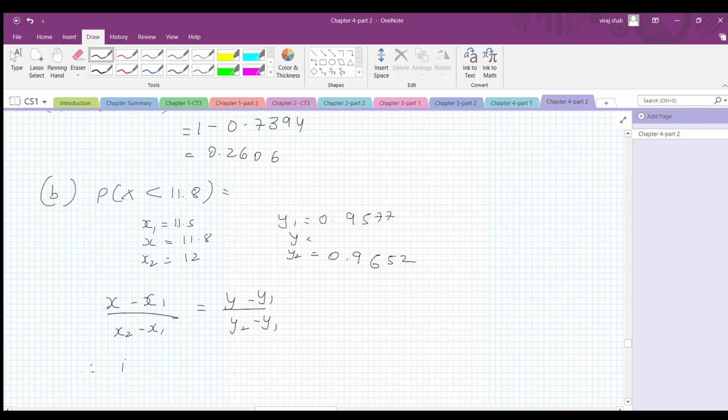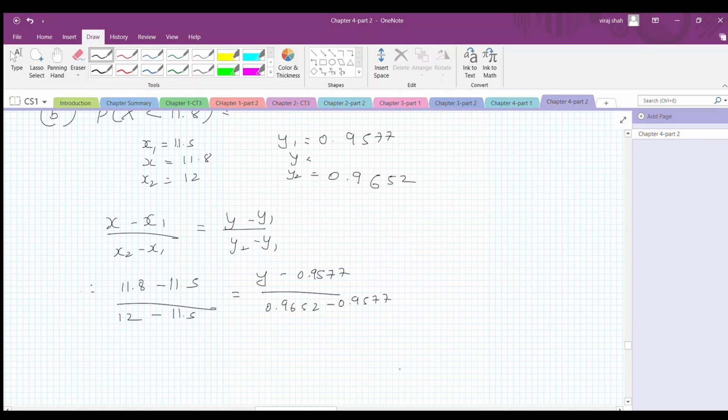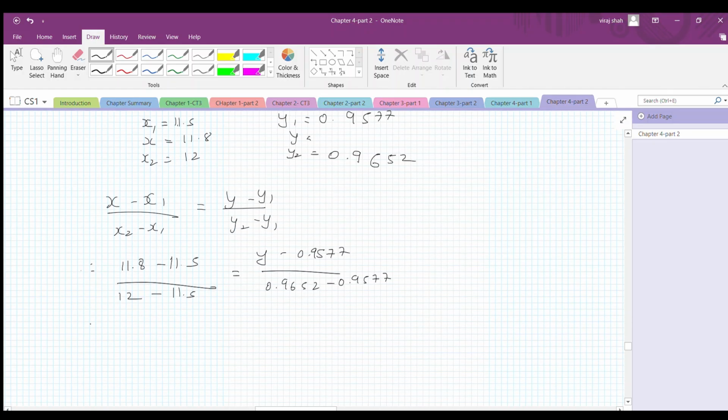X is 11.8, x1 is 11.5, x2 is 12, x1 is 11.5, y I do not know, so leave it as it is. Y1 is 0.9577 and y2 is 0.9652 minus 0.9577.